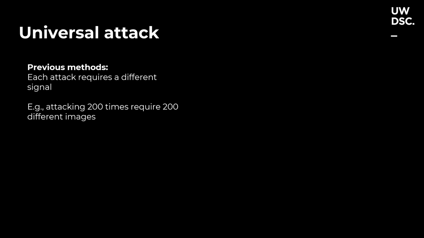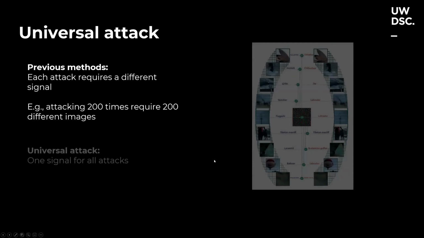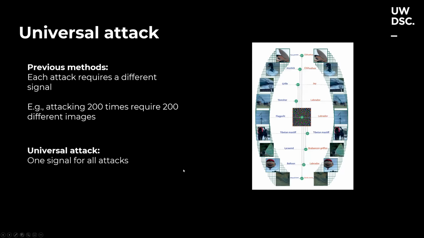And if the data size goes up by 10 times, then we would need a 10 times larger runtime. This method basically uses one signal for all attacks, no matter what kind of input you have. So we can see in an image of the joystick, we apply the same signal and get a chihuahua.